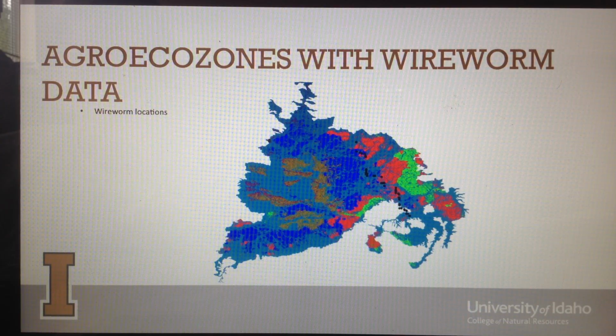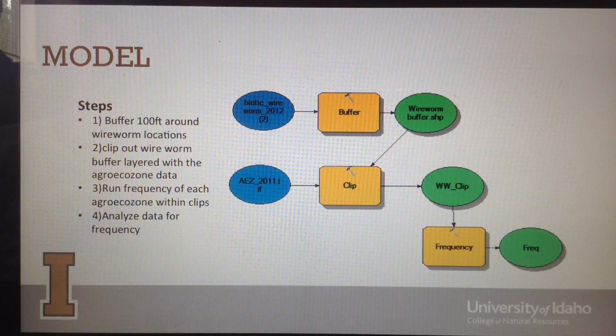To assess which agroecozone would have the most wireworms, I set up this model where I started off using the buffer on the wireworm locations. So I put a 100-foot buffer around each wireworm location, and then I used the clip tool to clip out the agroecozones within those buffers.